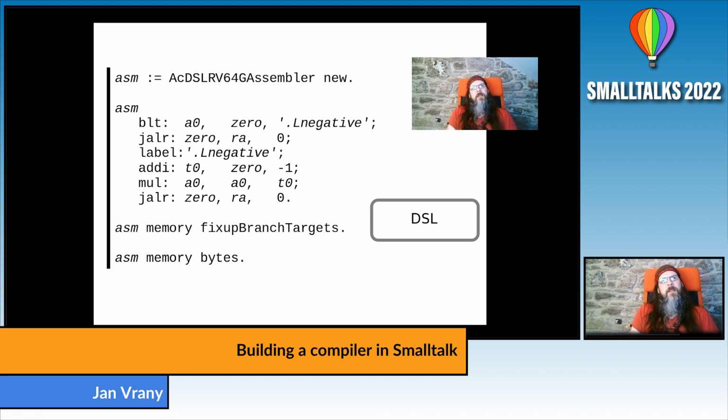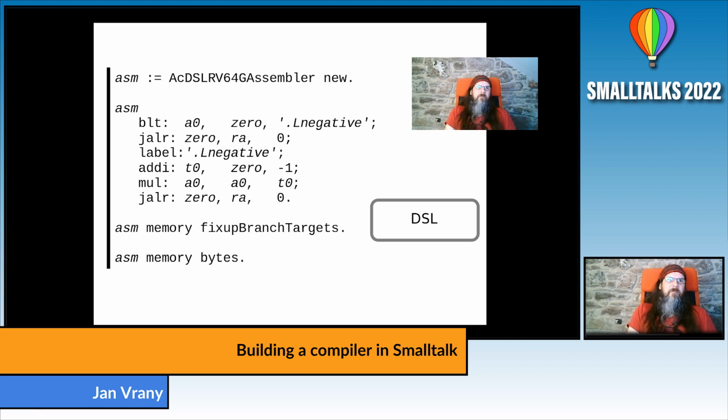So you instantiate the assembler object, and then you just write branch if less than A0, that's a register 0, and if A0 is less than 0, then jump to negative. The label negative, then you do return, then you place the label, then you do some other computation and return again. So that's just a simple example of a code.